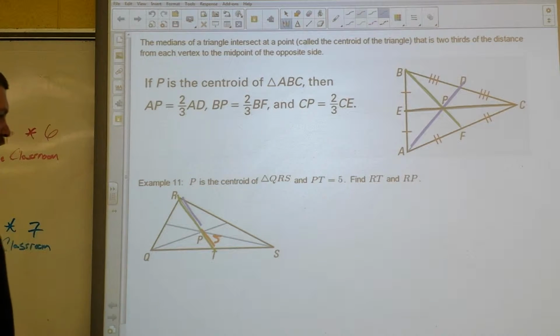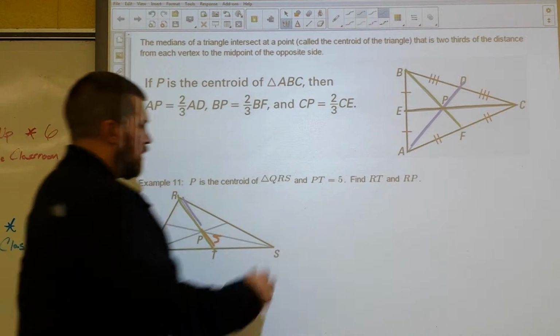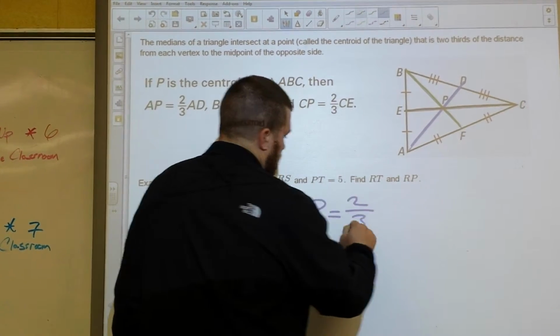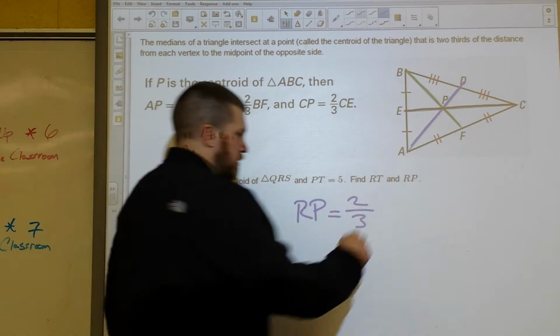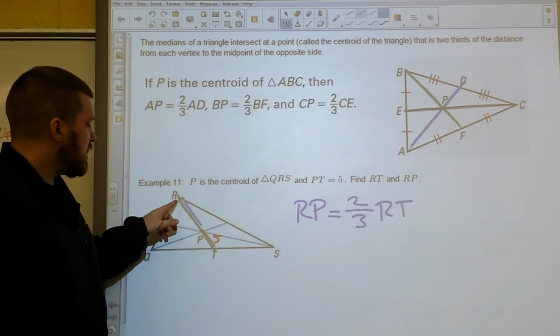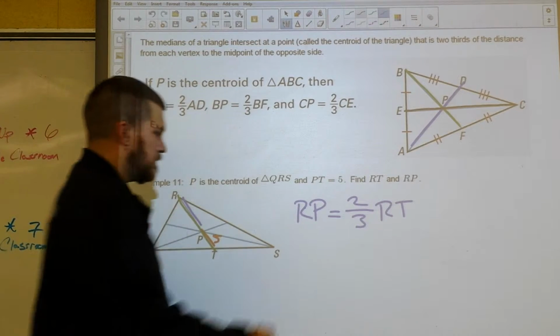Alright, well first let's look at our rules. We know that RP, based on the rule we just said, is 2/3 the total distance, which is RT. Well, RT is the segment RP plus PT.